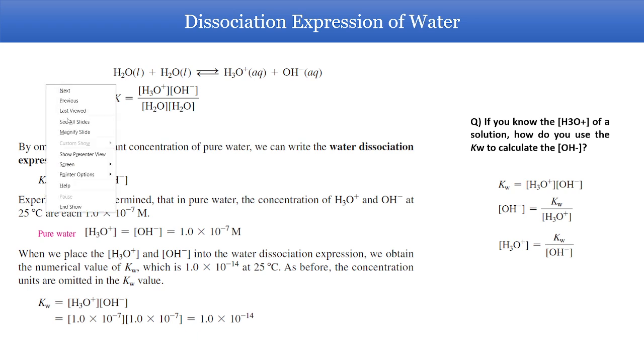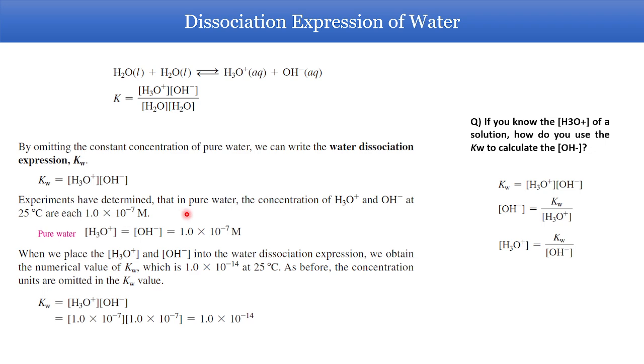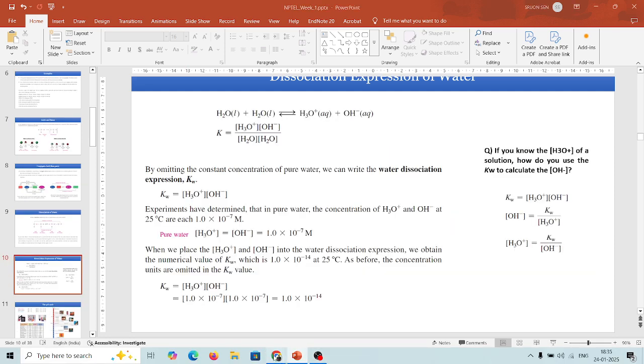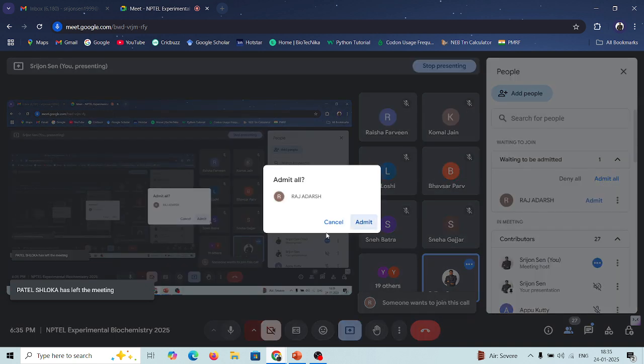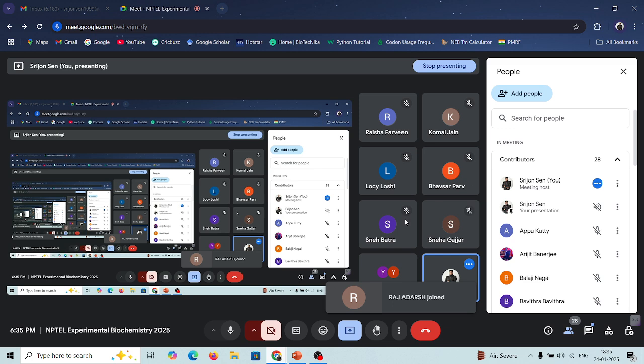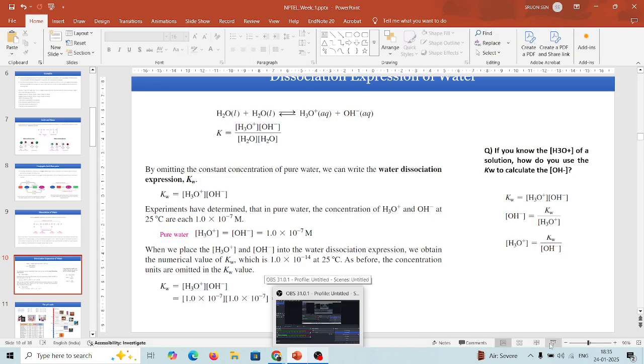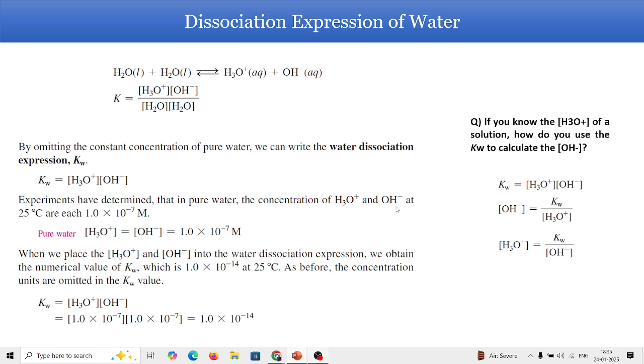Now, it has been determined previously, when these experiments were done at 25 degrees, that for pure water, the concentrations of the hydroxide ions and the hydronium ions were the same, and that is 10 to the power minus 7 molar.